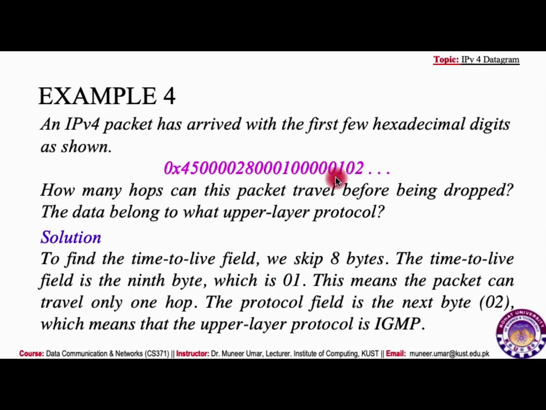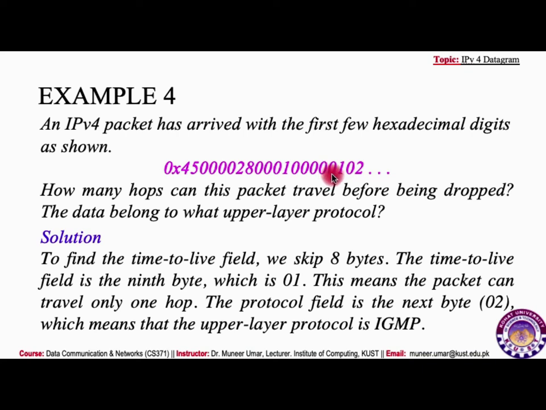This one is 01. A hexadecimal digit takes 4 bits. So two hexadecimal digits are equal to 1 byte. So here we have 1, 2, 3, up to 16. So till here we have 16 digits, meaning 8 bytes. So from here the ninth byte starts.